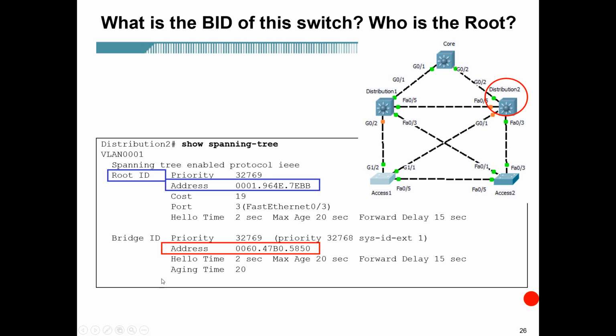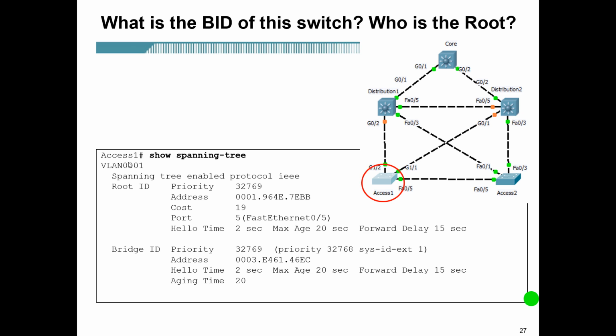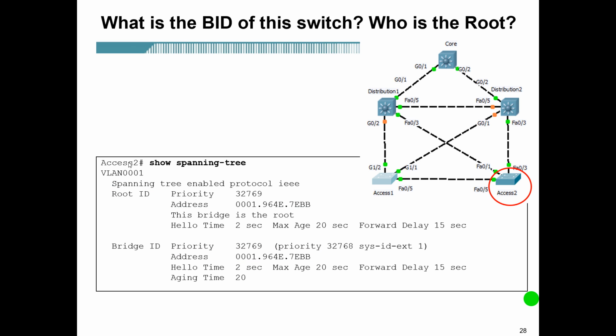How we read this is the MAC address of the device we're looking at. This is our root bridge information. So here is our access 1 switch, again its MAC address, and again that's the root ID, or the root bridge's MAC address.